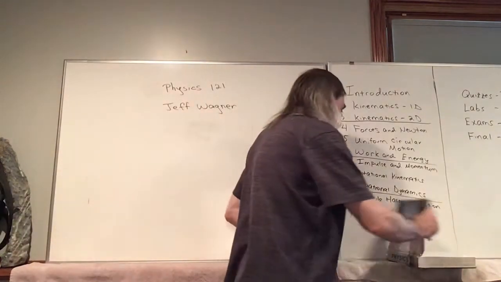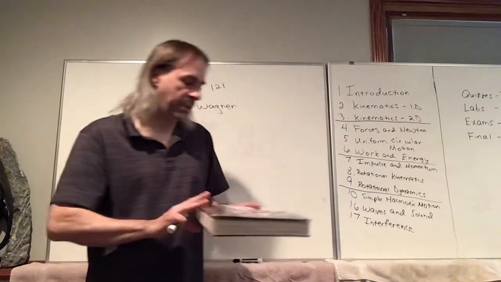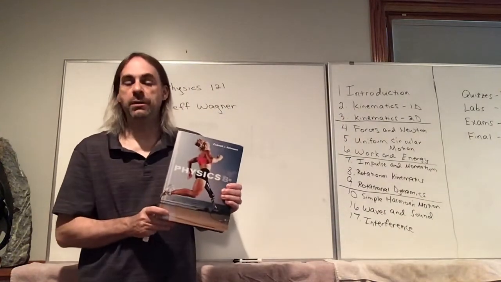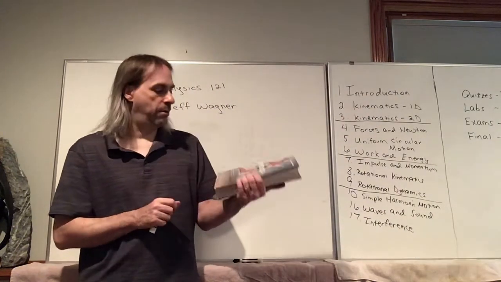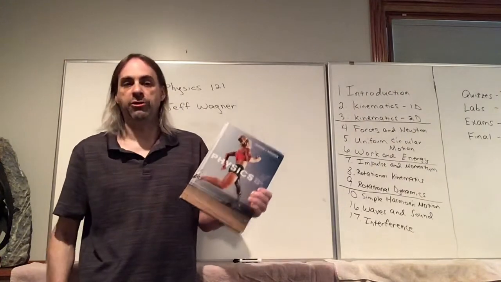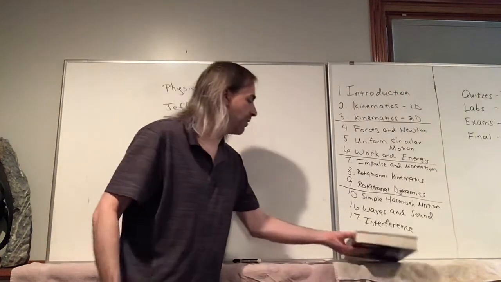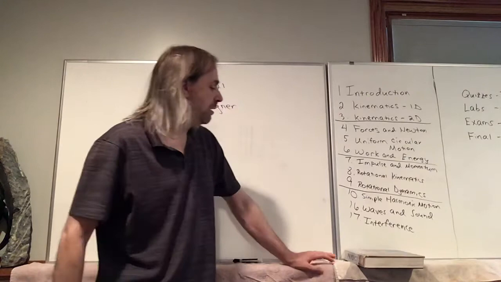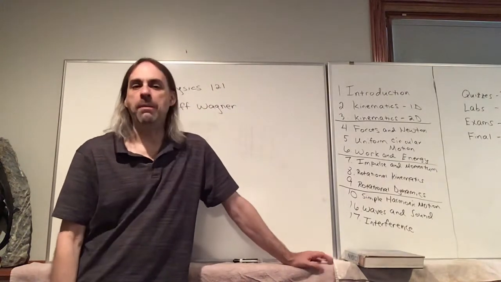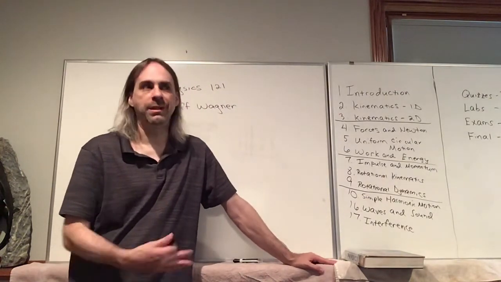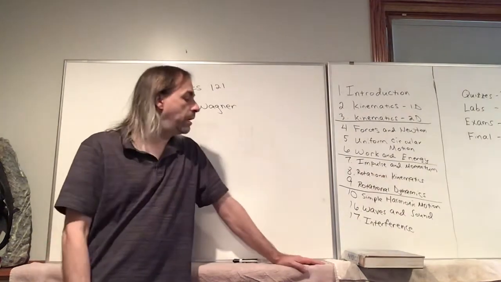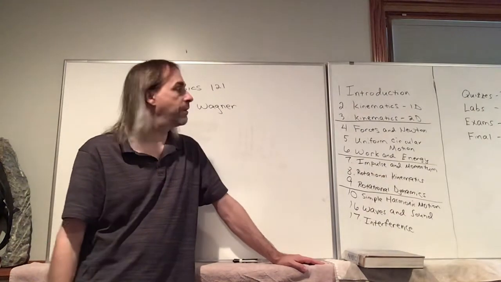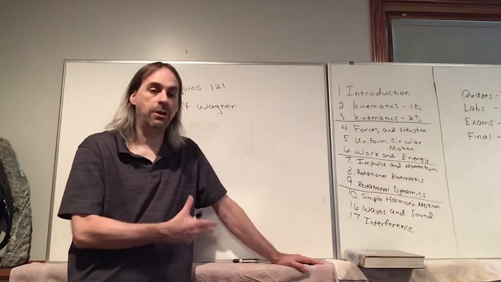So to start with, the book is Physics by Cutnell and Johnson. This is an old edition. This is one I started with. It's 8th edition. We're probably on 11 or 12 now. I'll have to check. But it doesn't really matter what edition you have because not much changes. This starts with Newton in the 1600s.